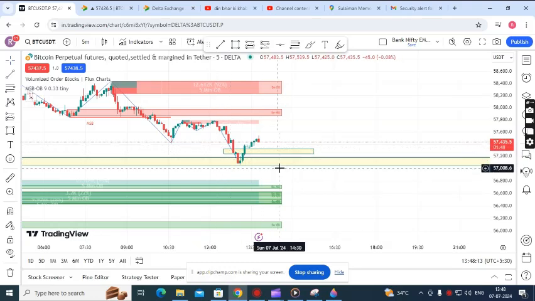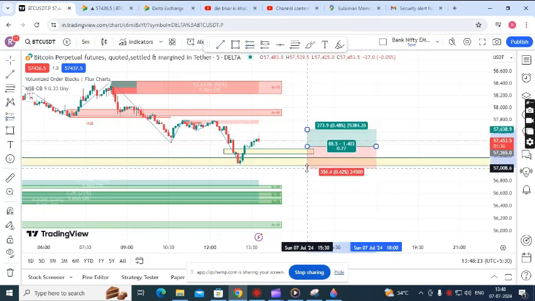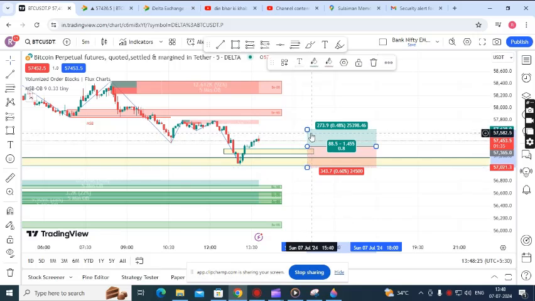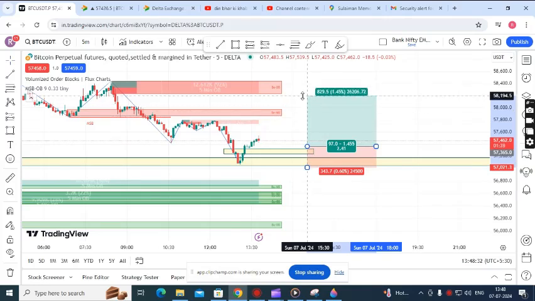Stop loss will be below this low. So if we made already some marking, stop loss will be almost 300 points and target should be 1 is to 2.